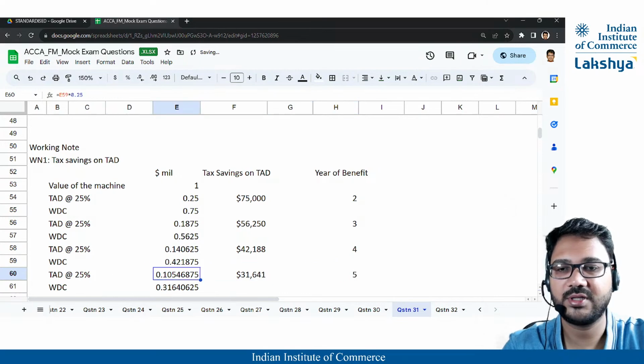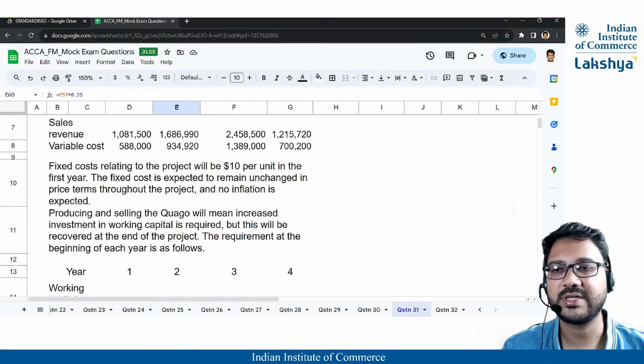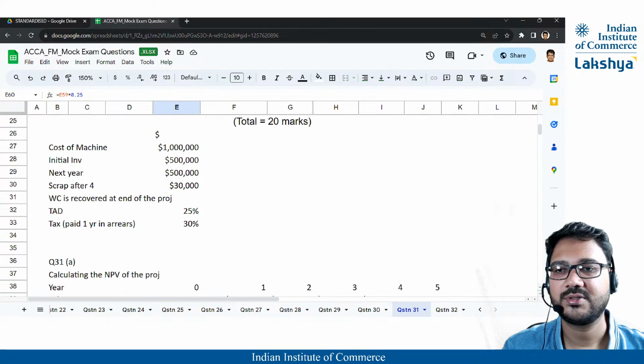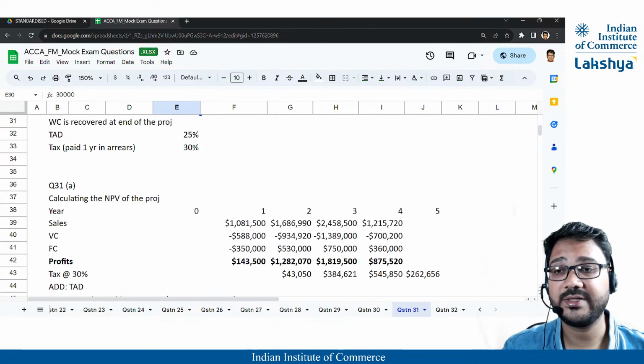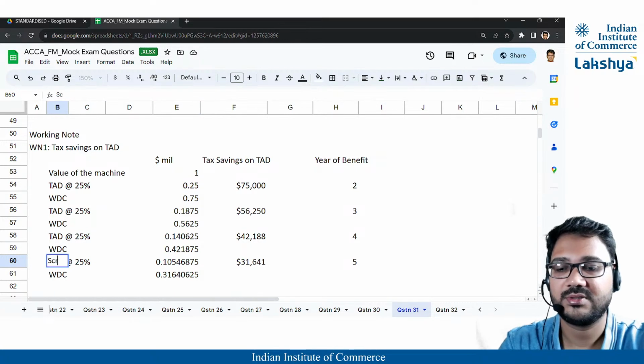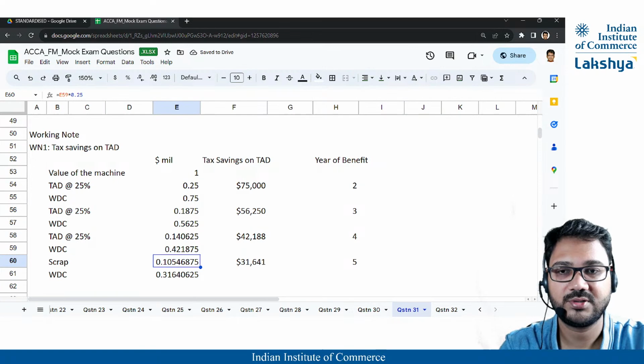However, since it's the last year, let's see if it's sold for a scrap value. I remember entering a scrap value. So actually, we should be adding that over here as well. So scrap after 4 years is $30,000. This will be scrap. Okay.